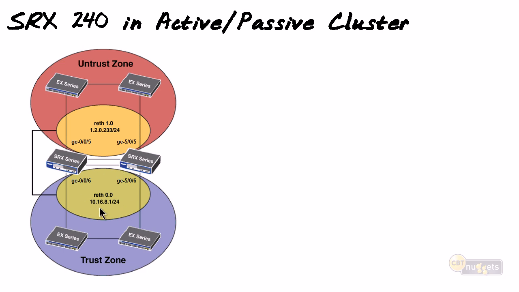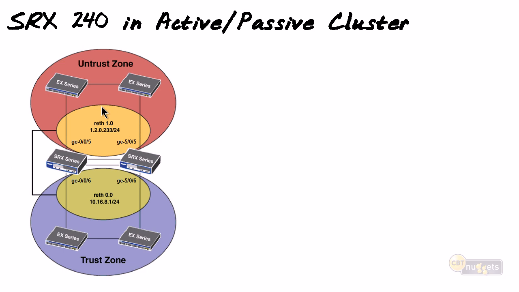This, of course, has an IP address to it, so you have two interfaces that are basically represented by one logical redundant interface, reth0.0, with IP address 10.16.8.1/24. Out here, we have in the untrust zone this gigabit 0/0/5 interface on node 0, and on node 1 we have gigabit 5/0/5.